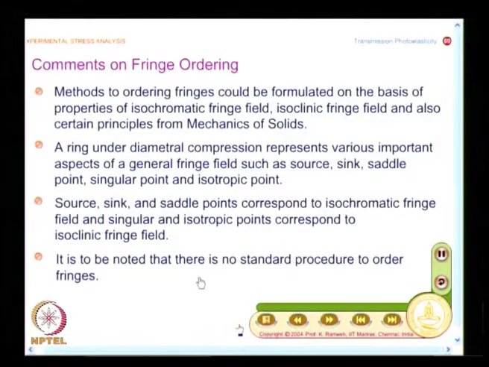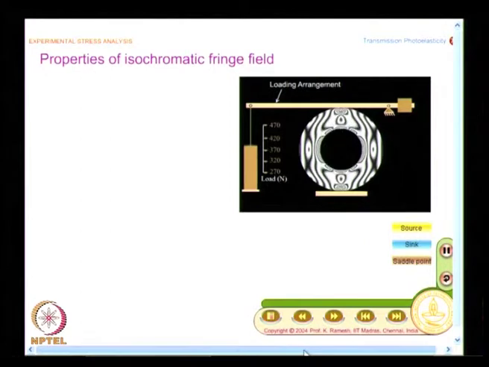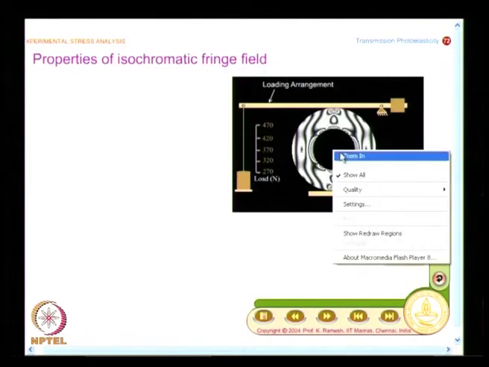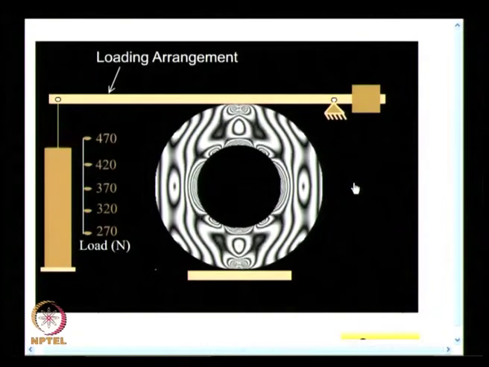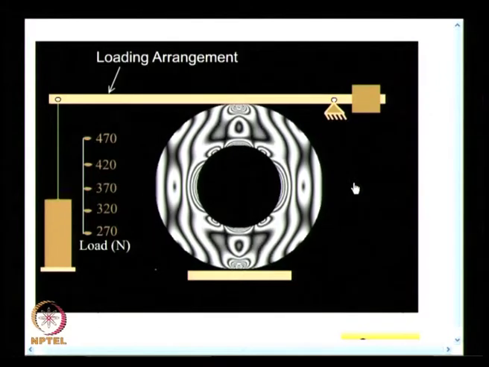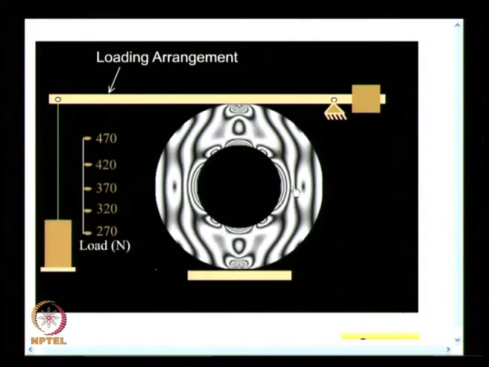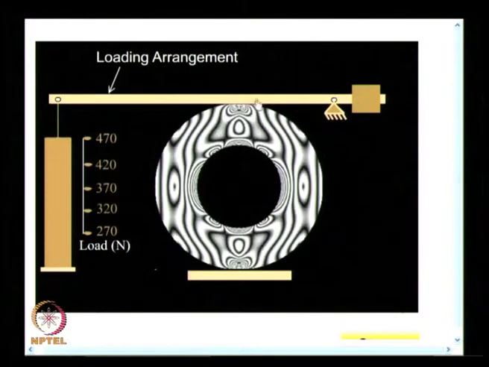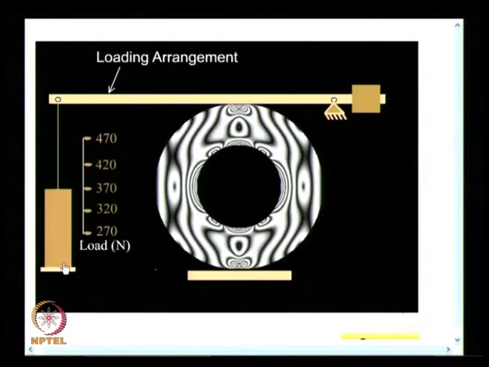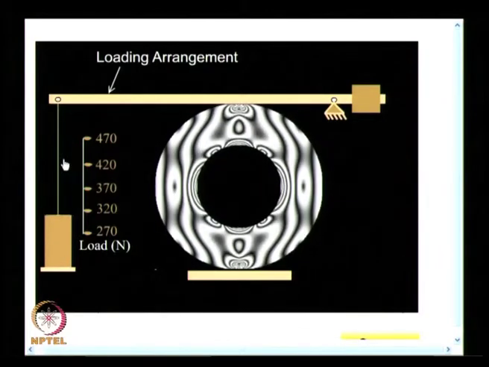What we will do is look at the problem of a ring under diametral compression. I had already mentioned that fringe ordering in a ring under diametral compression is really complex. What is shown here is a conventional loading arrangement of lever arm loading, and in this the load is changed.